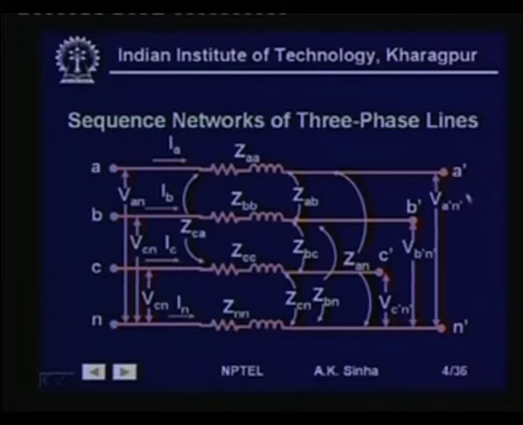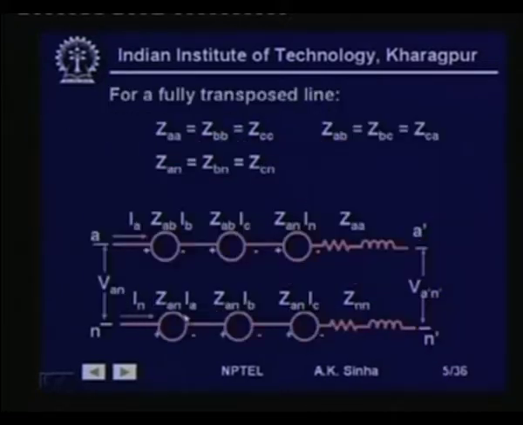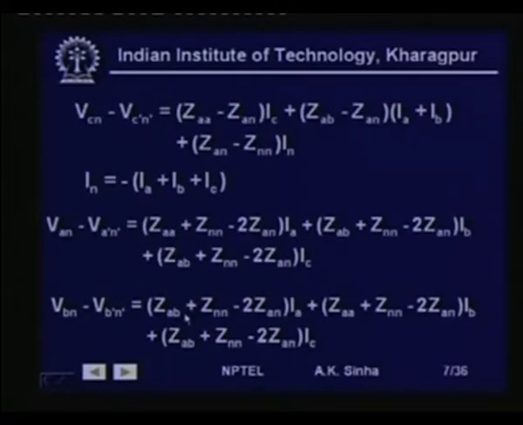Any unbalanced current will return through that, so the direction of the current will be in this direction. Since we have taken IN in this direction as reference, we have to use a negative sign there. So, IN is equal to negative of IA plus IB plus IC.